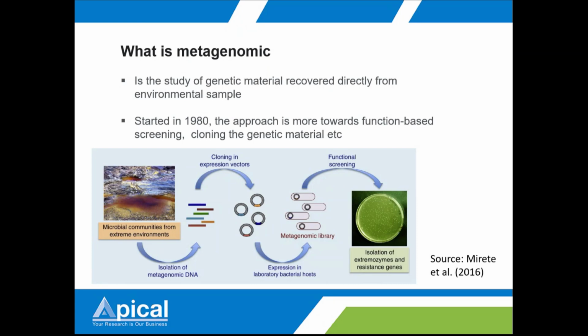The term metagenomics refers to an approach that allows you to look at unculturable microbes. It started in the 1980s. However, during that time, sequencing was not that advanced, so this metagenomic approach was more on functional based screening.